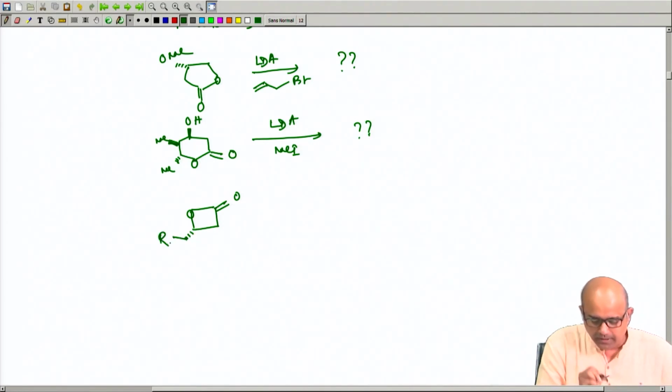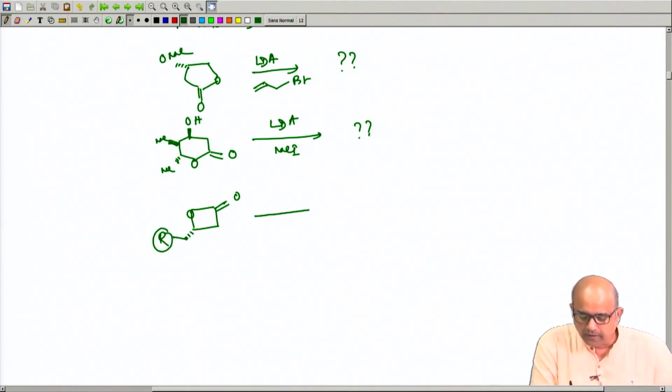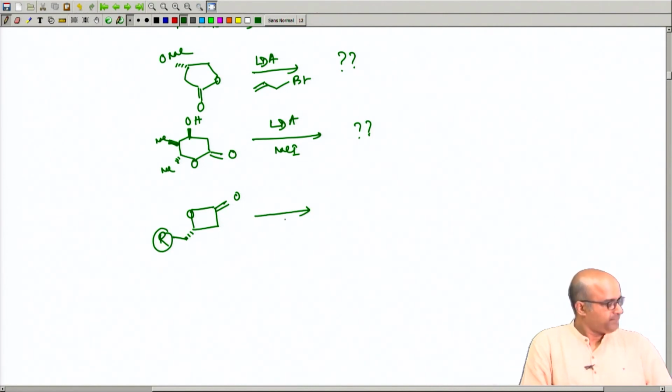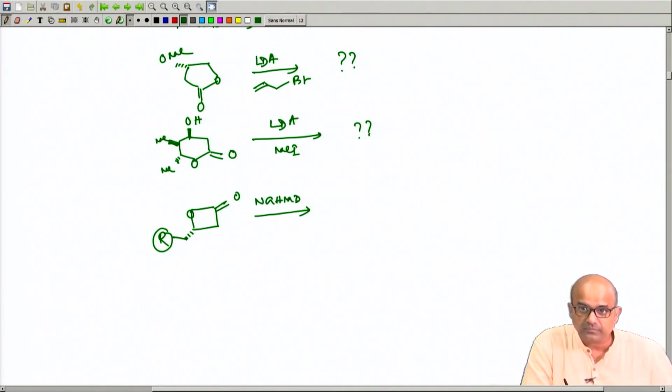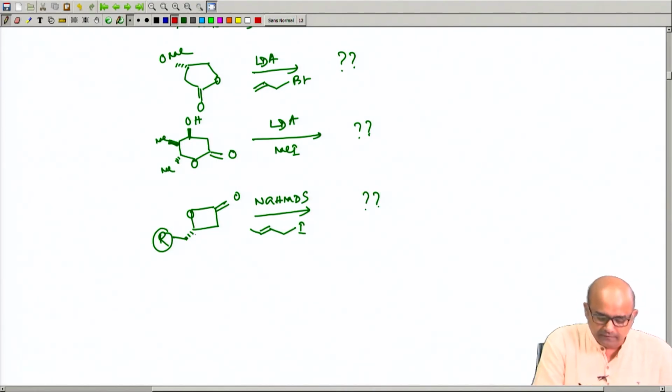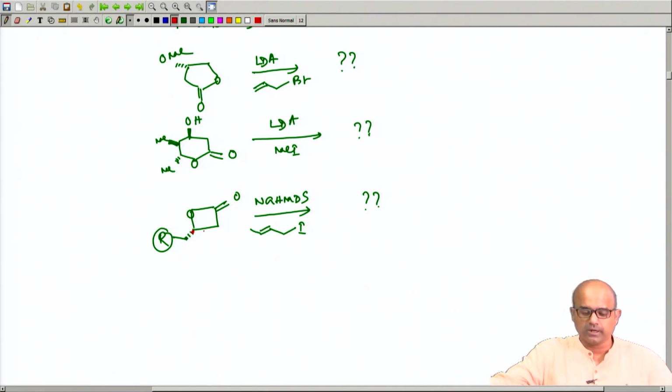I do not specifically mention the group because there is no point in discussing that one, but if you use a base like NaHMDS and then use an electrophile like crotyl iodide, you can predict it. A simple 1,2-induction, because this is alpha, so the electrophile has to be beta. Anyway, we will talk about more things in the next week.